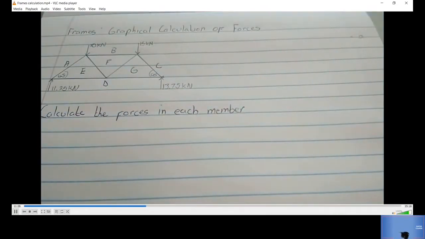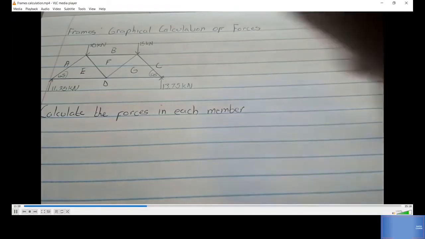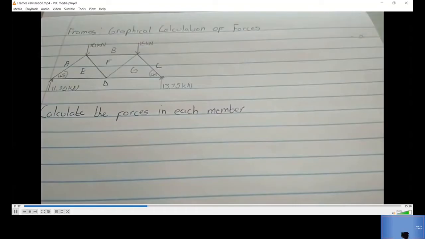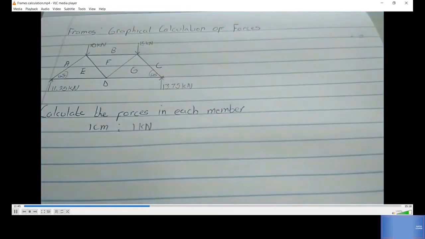Now you realize right there that we need a force scale, which is a scale that is going to be representative of the kilonewtons on the ruler. Now we're going to choose 1 centimeter is to 1 kilonewton. Okay, that's our force scale.